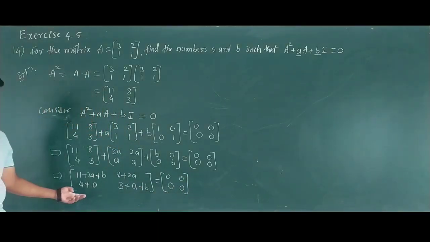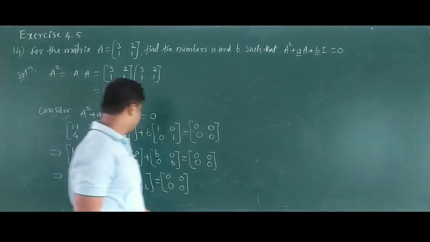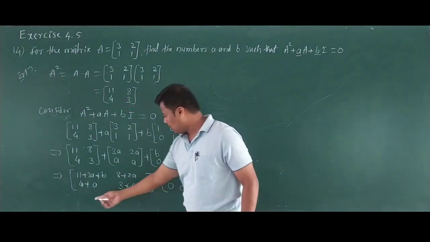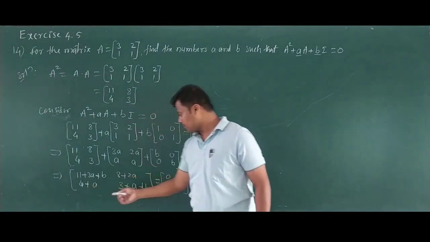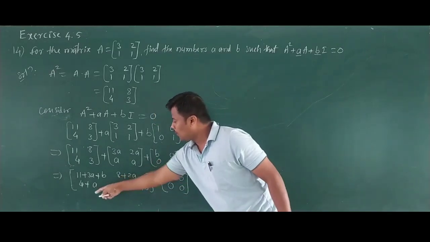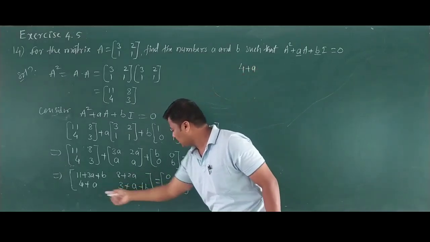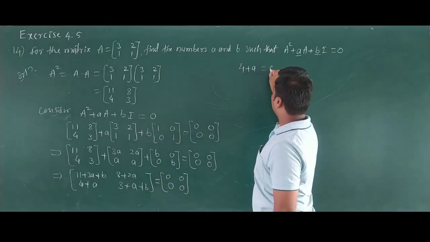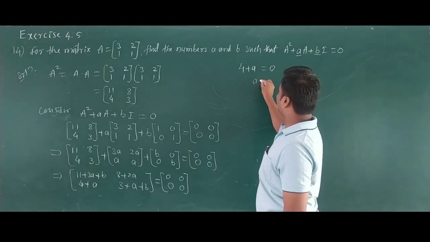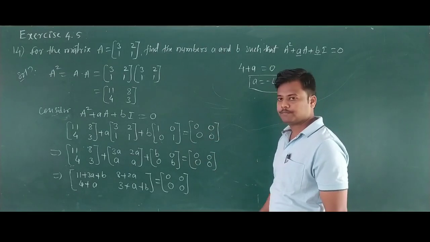You already know equality of matrices. In equality of matrices, if two matrices are equal, the corresponding elements are also equal. So using this condition, take any one: 4 plus a equal to 0, or 8 plus 2a equal to 0. Now 4 plus a equals the corresponding element 0, so a equals minus 4.